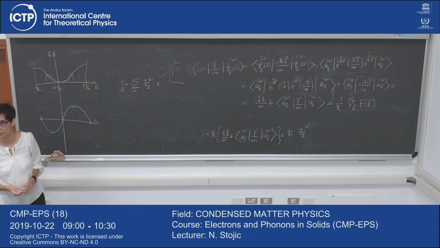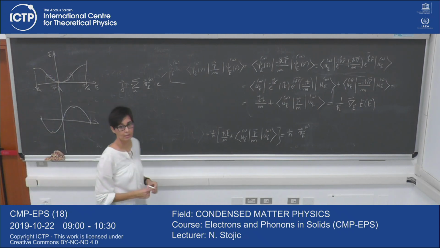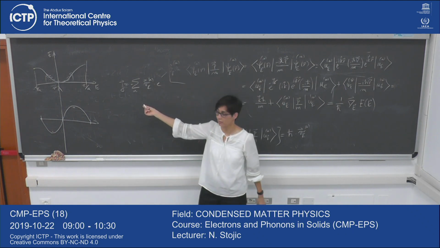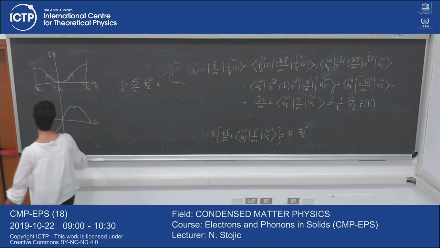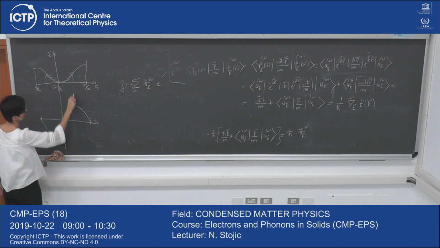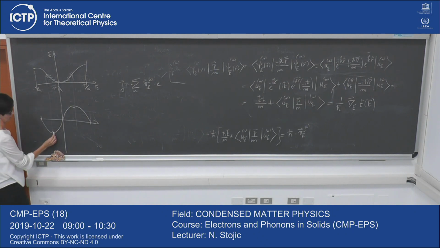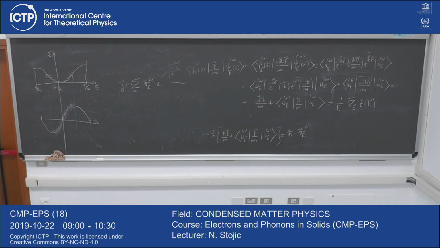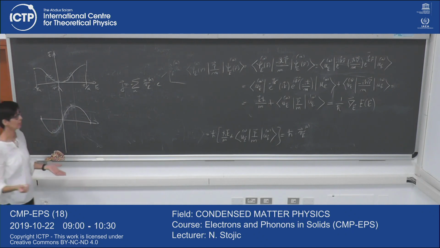What can we tell right away about the current? From the velocity, whatever amount I occupy, I will have an equal amount of positive and negative velocity, so it sums to zero. The current is zero.